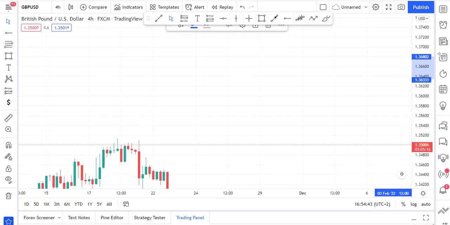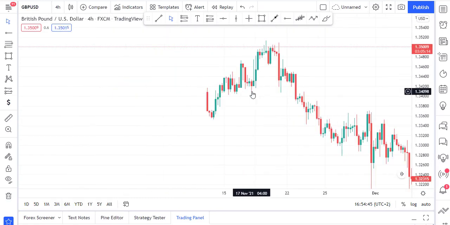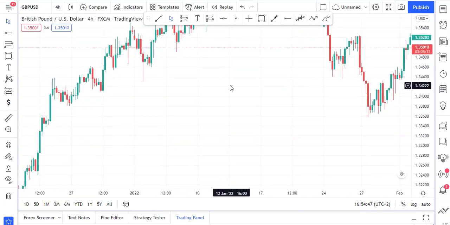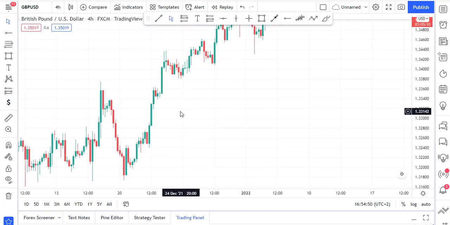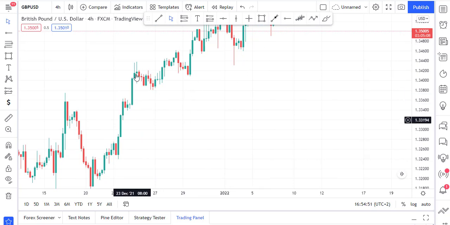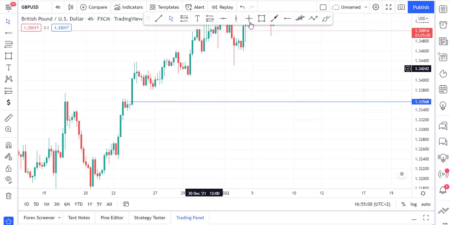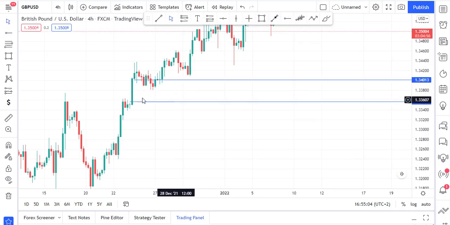So that's what we are talking about. Whenever you spot an inefficiency in the market, that gap has to be filled for the market to operate like a normal market, right? You see this big candle right here. This is all inefficiency, but where do we mark the gap? The gap is here, where this wick is and the next wick is that one. So this was the gap, and as you can see, price came and did fill that gap.